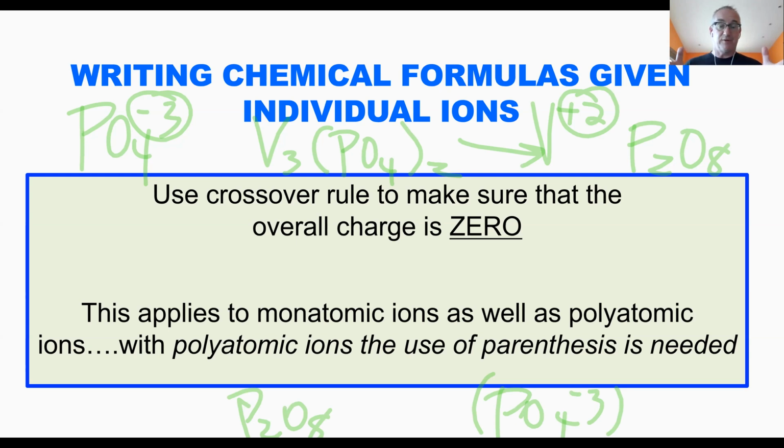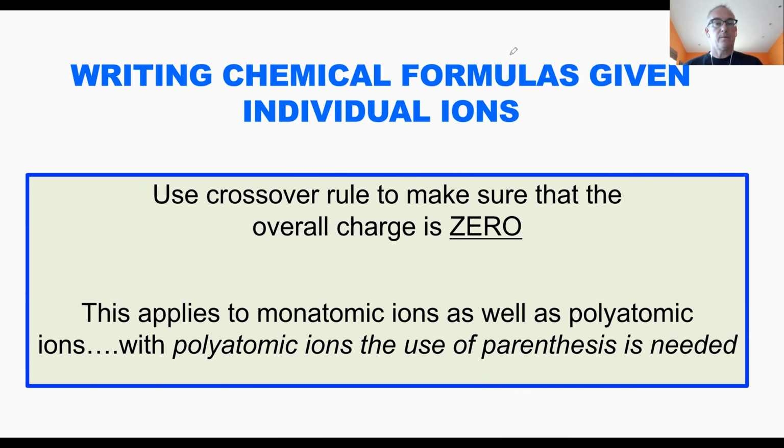I don't know what you would call that. It's something else altogether. So don't do that. Make sure that when you have a polyatomic ion, you show that you have more than 1 polyatomic ion. You don't write it like that because that is no longer the polyatomic ion we're dealing with. Okay. Let us continue.